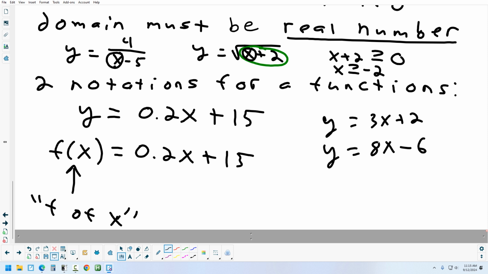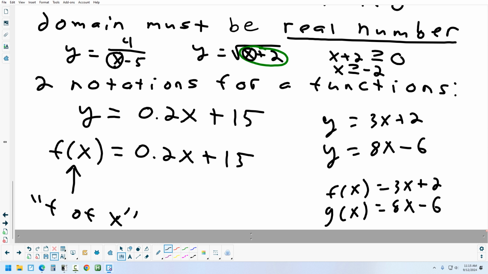Or I could just name the top one f, and I could name the bottom one g. What putting a letter here does is it allows you to give a name to the formula you're talking about. Now I can say, look at function f, or look at function g, because they have different names. So that's really the main advantage of that notation.